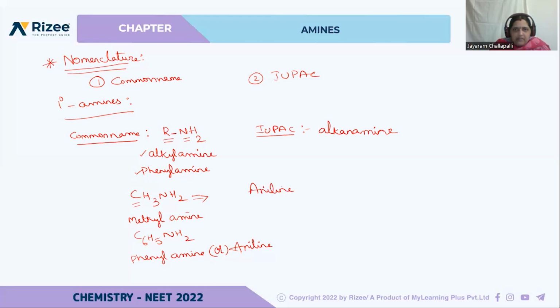Aniline, or here alkanamine. So benzenamine, we can write any of the two things, but usually we'll write aniline only, whether we write the common name or IUPAC name. Aniline is the name we'll prefer to write for this compound.